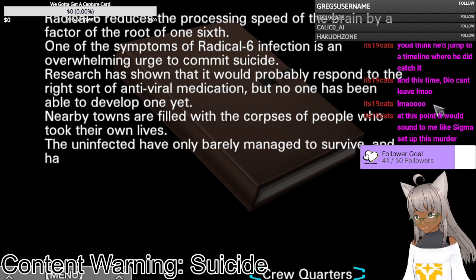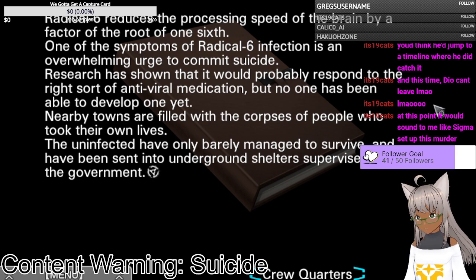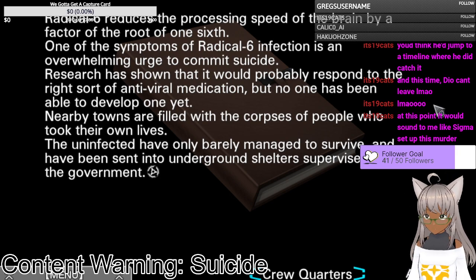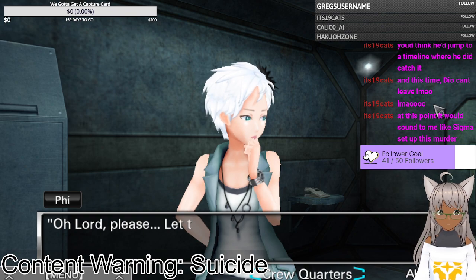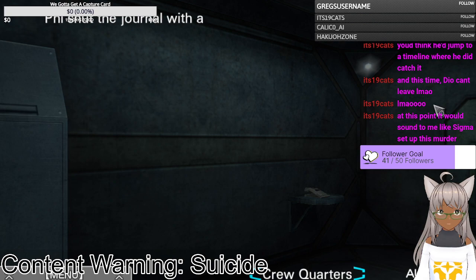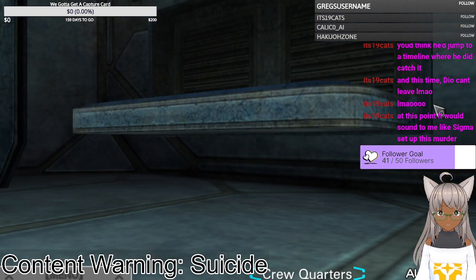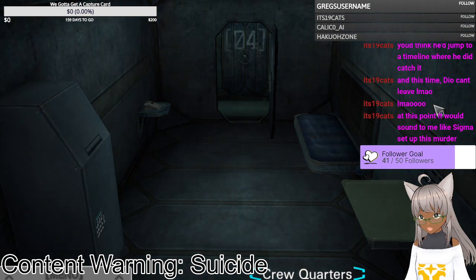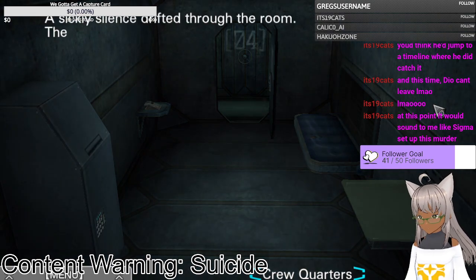The uninfected have only barely managed to survive and have been sent into underground shelters supervised by the government. Oh Lord, please, let their future be a bright one. A sickly silence drifted through the room.